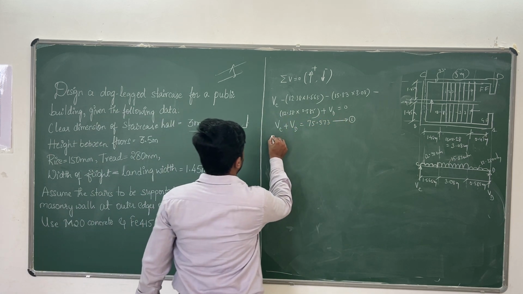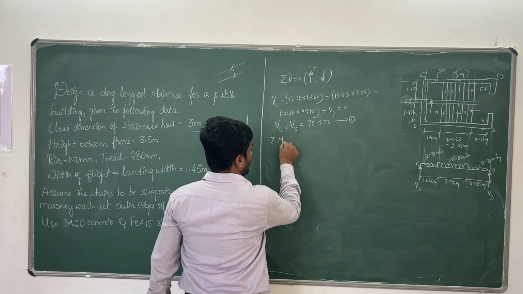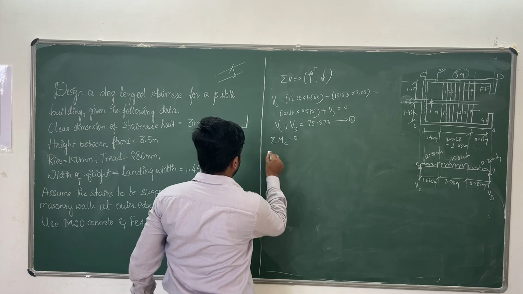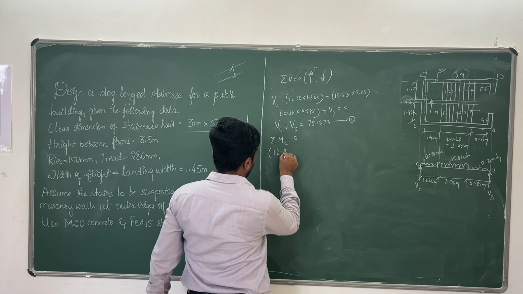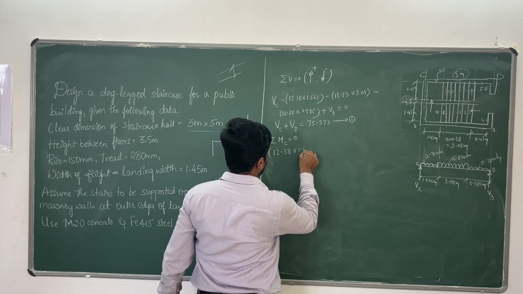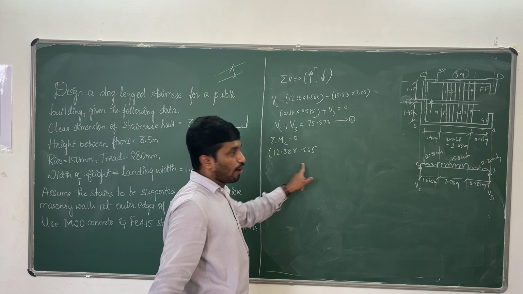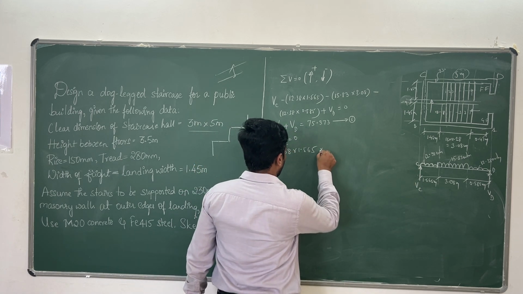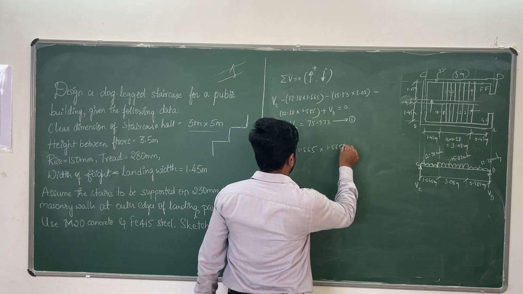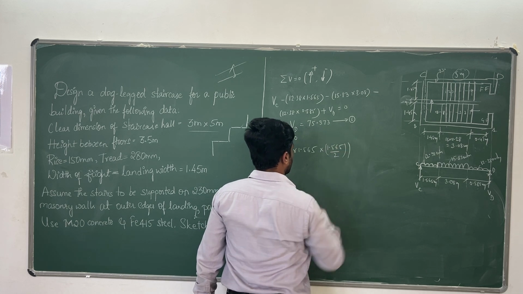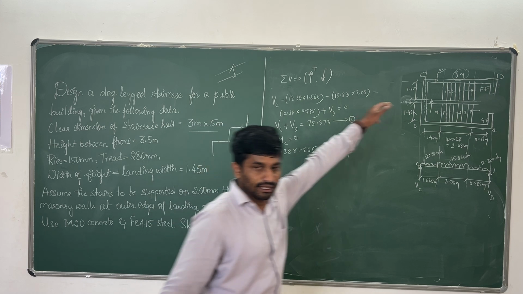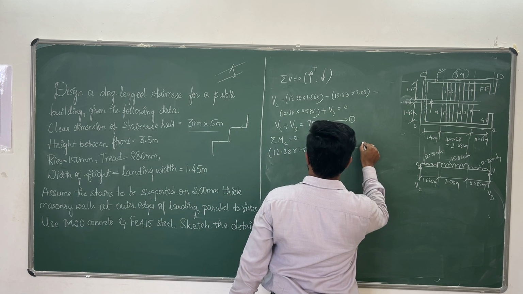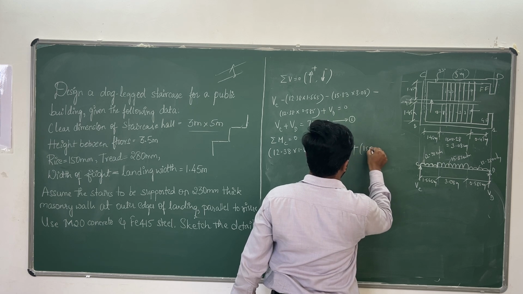Next you take sigma moment at C equals 0. For sigma moment at C equals 0, 12.38 into 1.565, you converted it into point load, multiplied by distance. What is the distance? 1.565 by 2. This is first acting clockwise. Plus, the next load is 15.83.